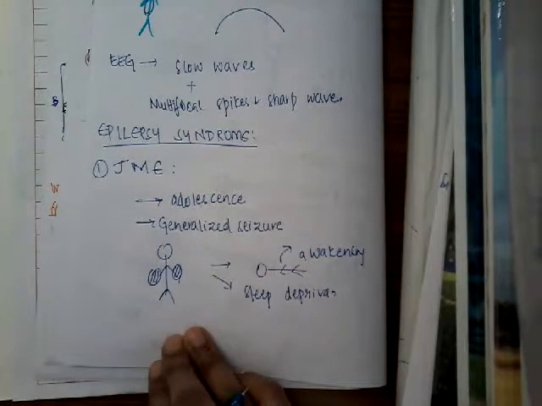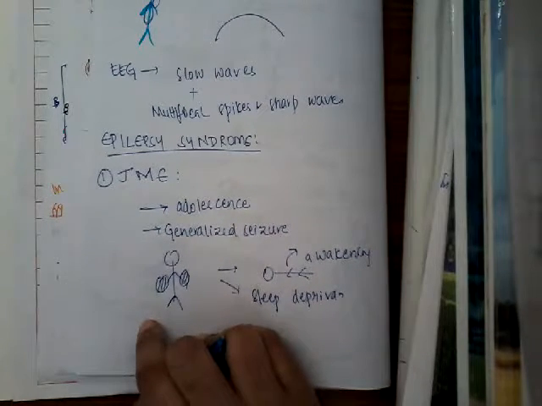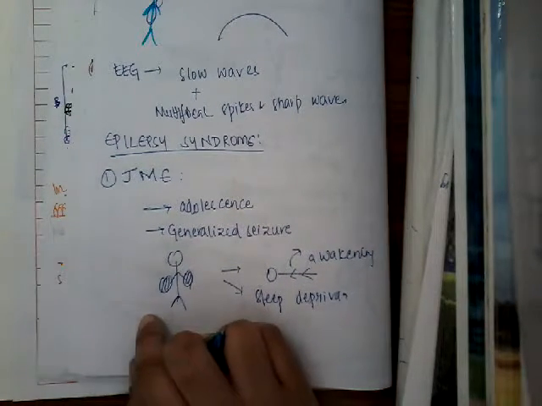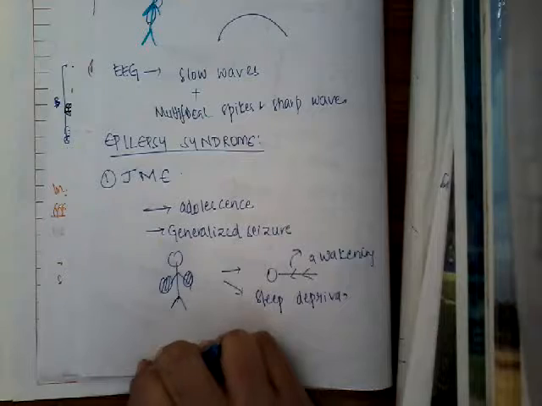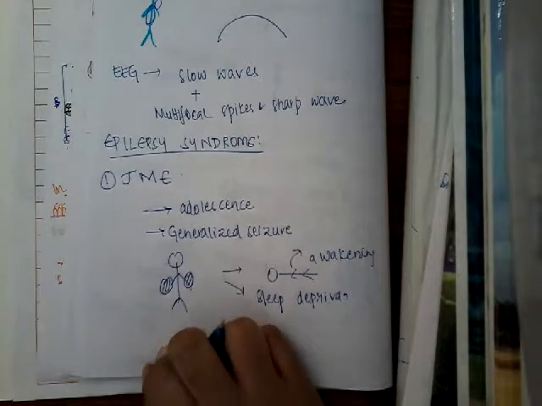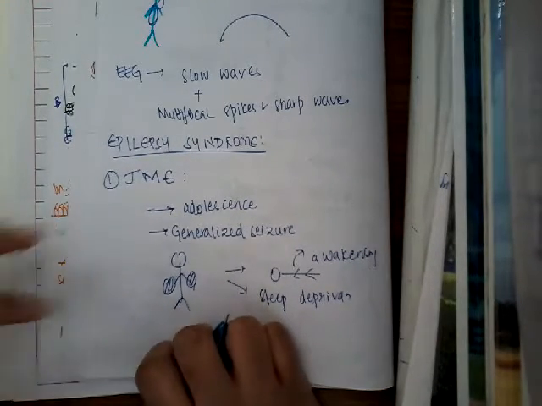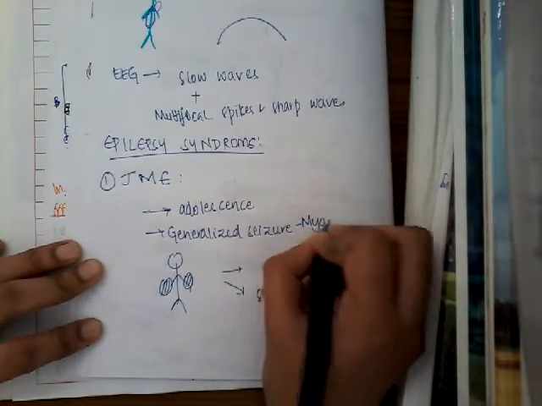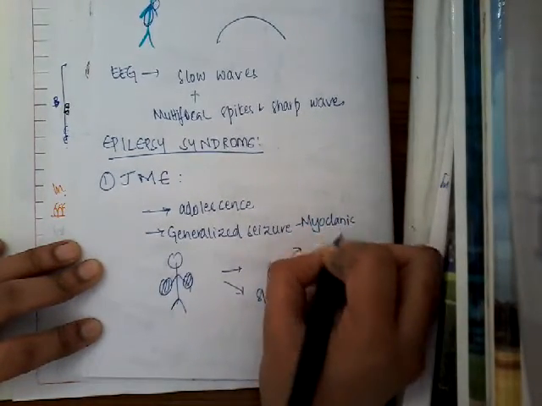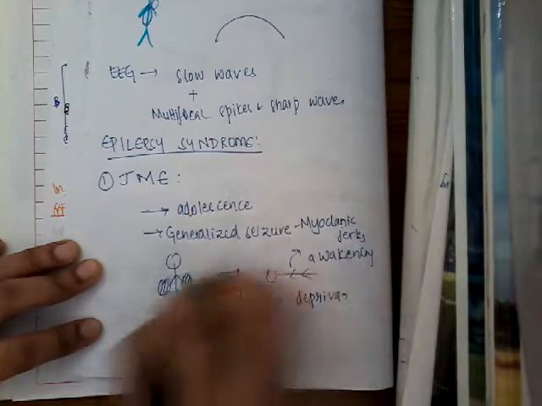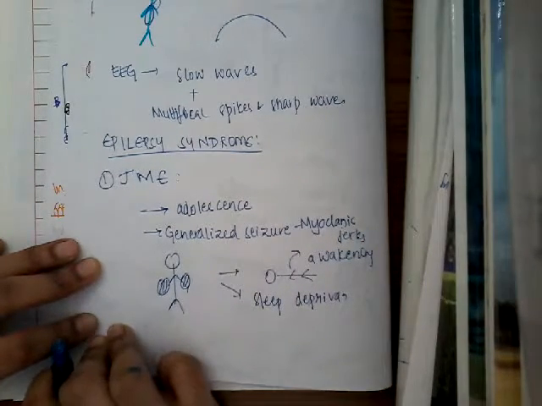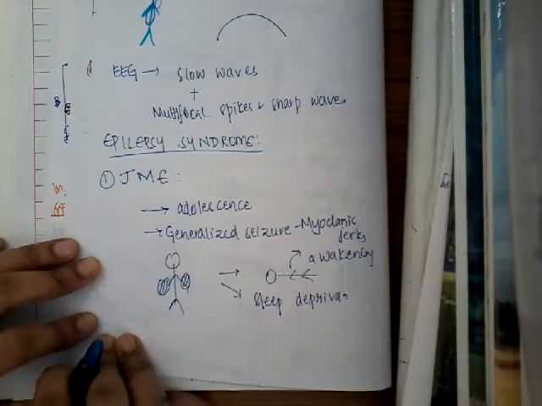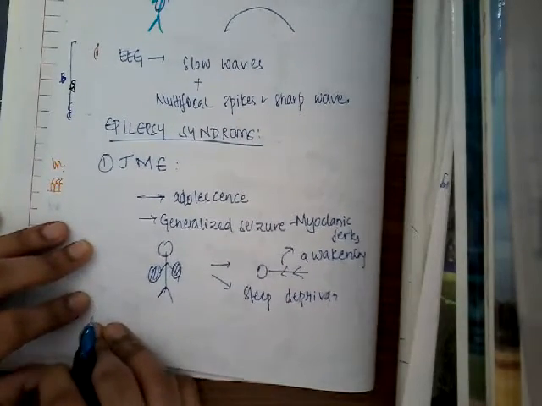Just after waking up, after 5 to 10 minutes, the person may have generalized seizures, which are most commonly bilateral myoclonic seizures, that is myoclonic jerks. So that is one of the epilepsy syndromes, juvenile myoclonic epilepsy.